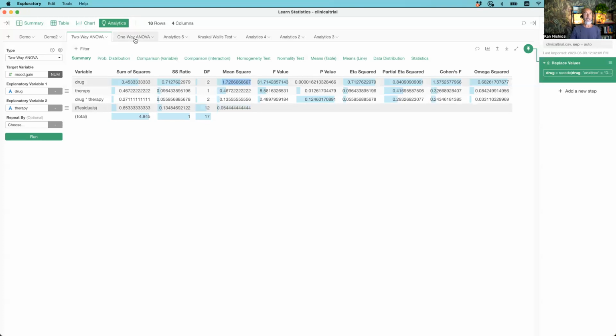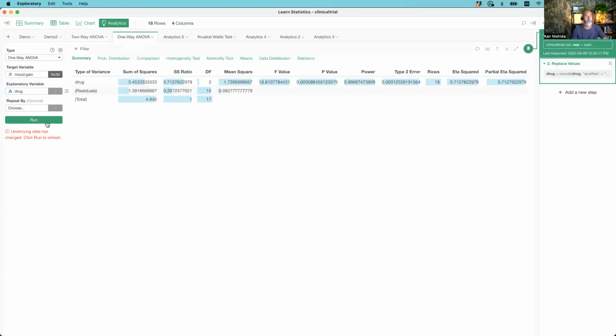And I actually kept the one-way ANOVA here. There you go. So this sum of squares is 3.45, and the mean square is 1.72. This should be the same, but the residual is 0.09. And this one doesn't have the therapy, so the residual is still relatively larger because it probably contains some of the variance of the therapy.